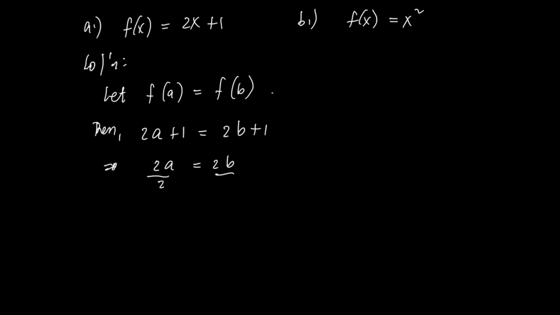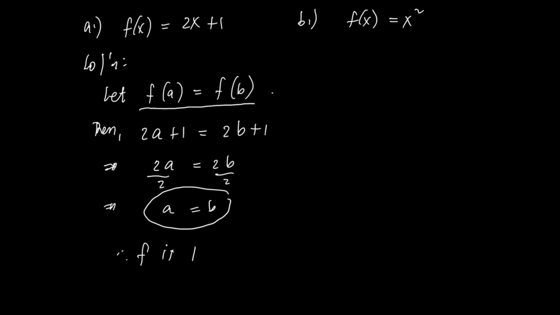Then, dividing by 2 on both sides, we have a is equal to b. So, by assuming that f of a is equal to f of b, we've come up with a is equal to b. Therefore, f is one-to-one.